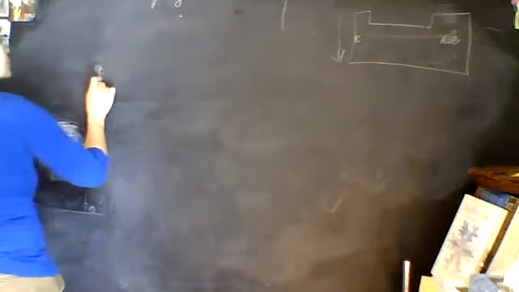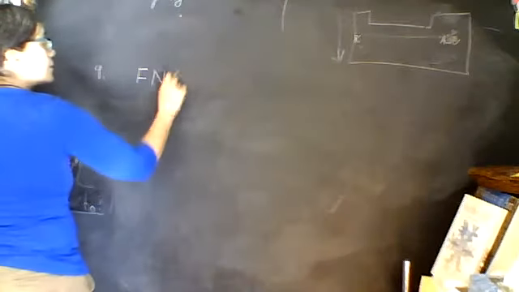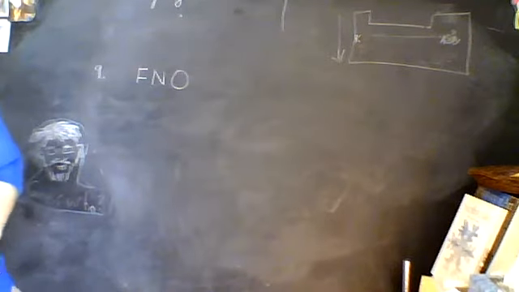Number 9. Show the Lewis structure for FNO. FNO. So it's 3 different atoms that we'll be looking at. Okay, so F is fluorine, number 9, and that's in 7A.